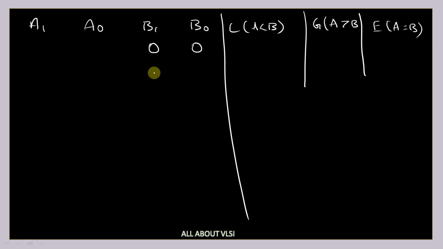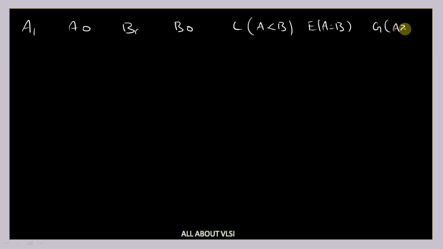Okay, 0 0, and this is A1 A0 B1 B0, A less than B, A equal to B and A greater than B.